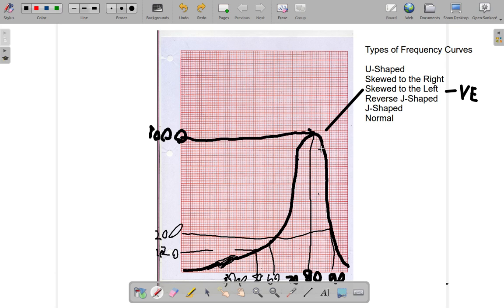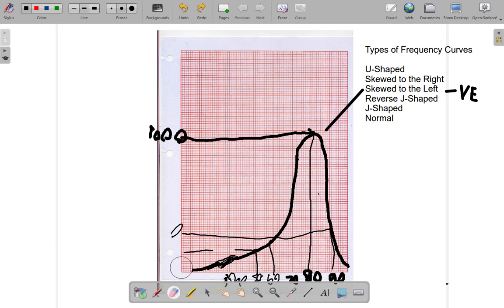There were too many persons. They couldn't wait, and they would be charged a late penalty after Monday. So on Tuesday, persons were coming in, paying the late penalty and paying their fee or registering, whatever the case may be. So that could be a case like that. Alright? So that is the skewed to the left, or the negatively skewed curve.